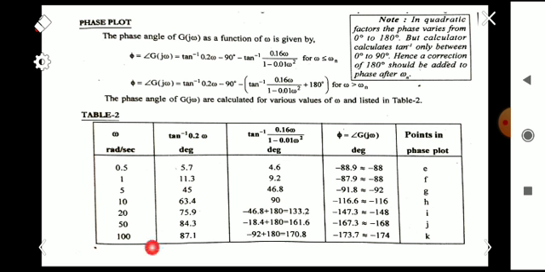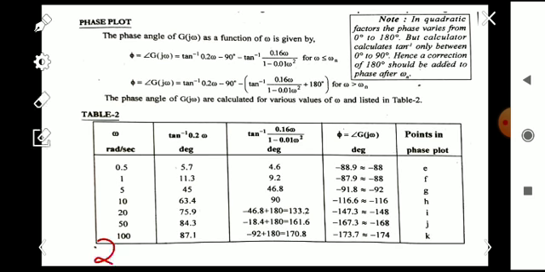Now if you observe the graph, as we increase the frequency, 50, 100 like that, the value of phi is not reaching minus 180. If you choose omega as 200 here, then also the value of phi will not reach minus 180.